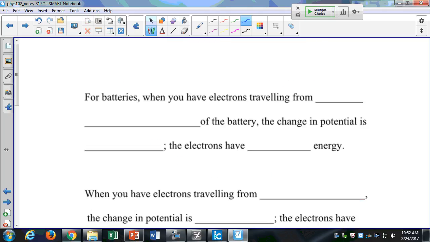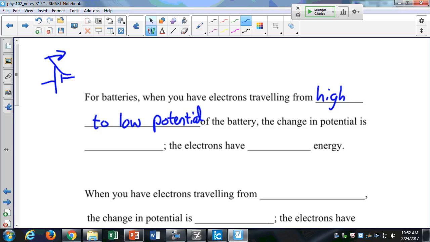For batteries, when you have electrons traveling from high to low potential, that's like when I'm traveling in this direction, high to low potential, whee, right? The change in potential is negative. Delta V is negative E. The electrons have lost energy.